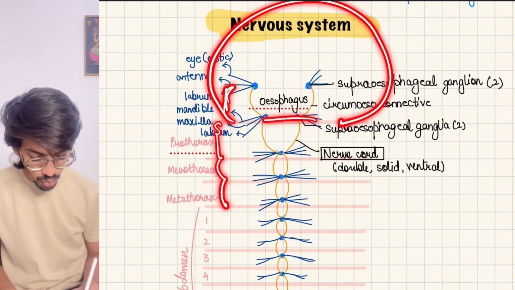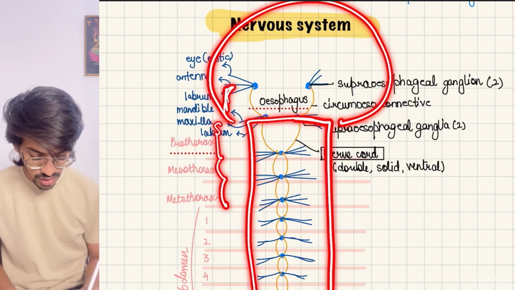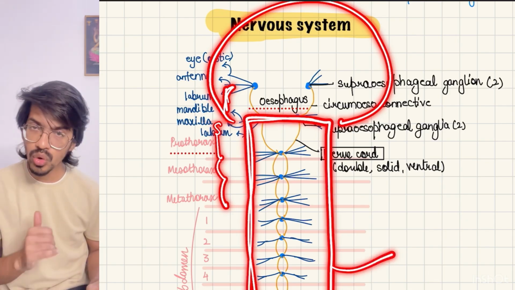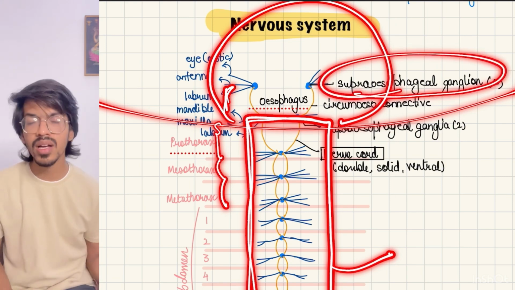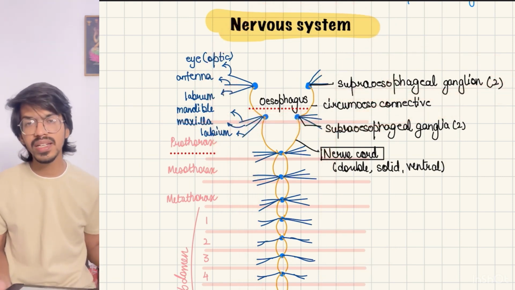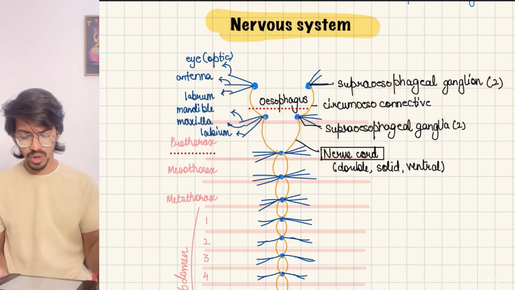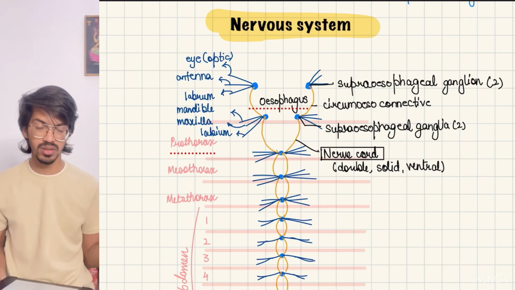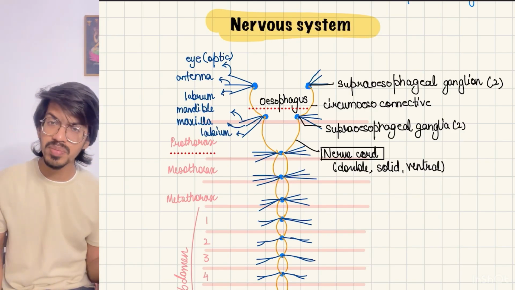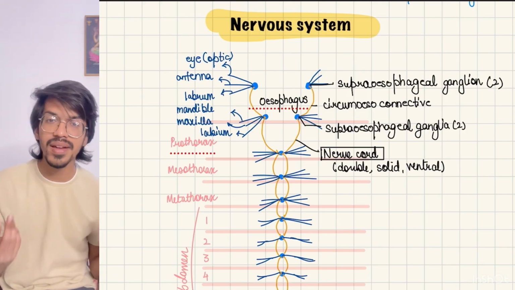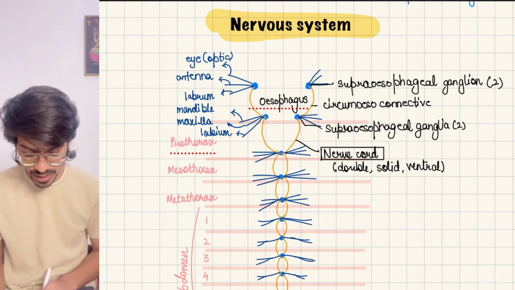Most of this structure is present below the head. That's why if you cut only the head, the supraesophageal ganglion only gets removed, and of course the circumesophageal connective also, but everything else is present in the body, so it can survive. Its working keeps on taking place.